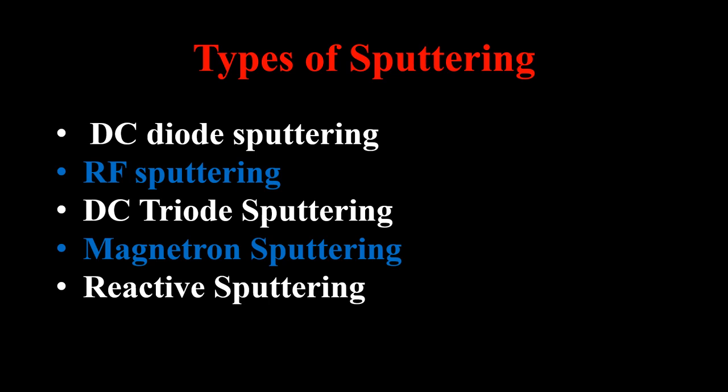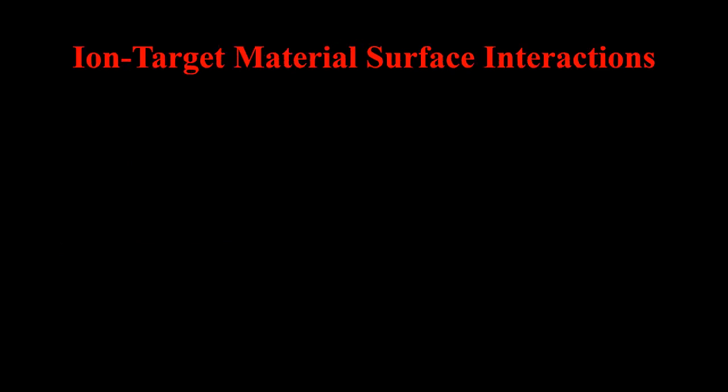We will discuss all these processes in the next lectures. Here, we will simply explain DC diode sputtering, which is the simplest type of sputtering process.